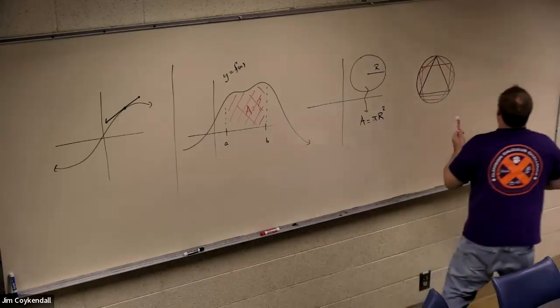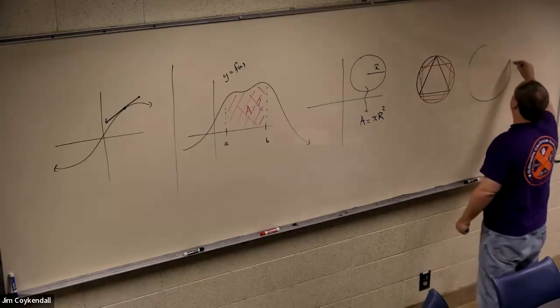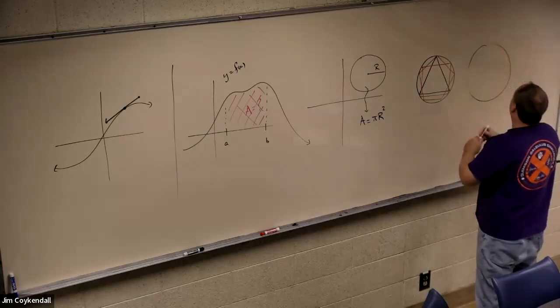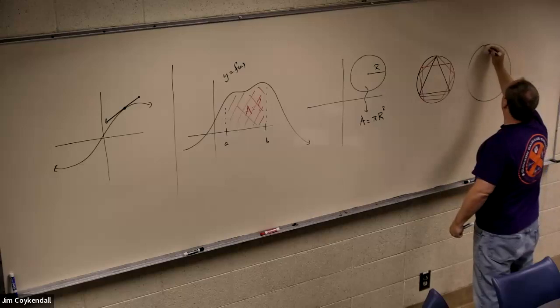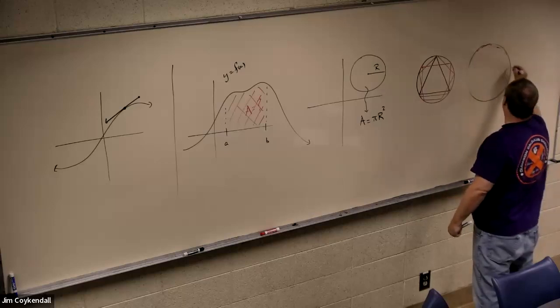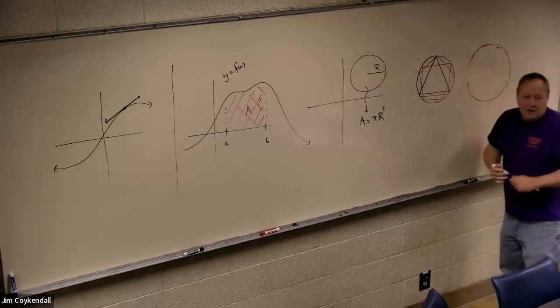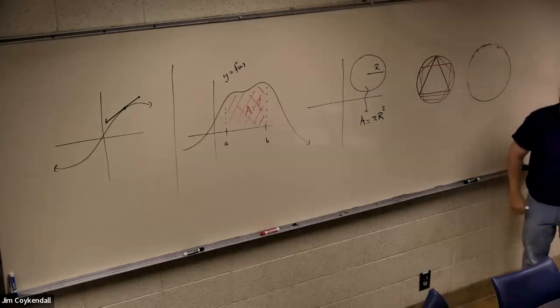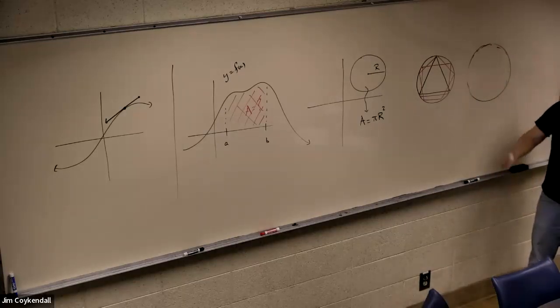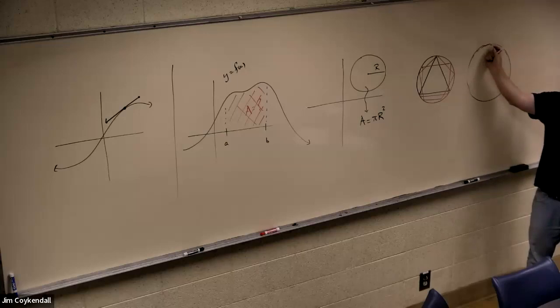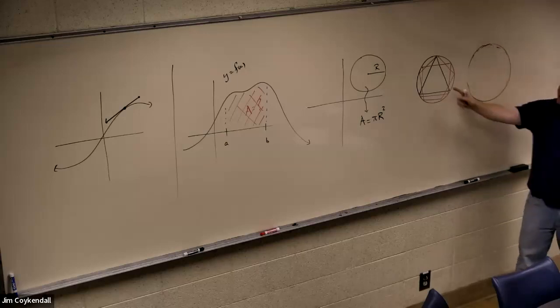Or if you're really full of energy, you can put a polygon with like 200 sides on it, right? And these sides are just little slivers. That's going to approximate the circle pretty well. Certainly better than the triangle.